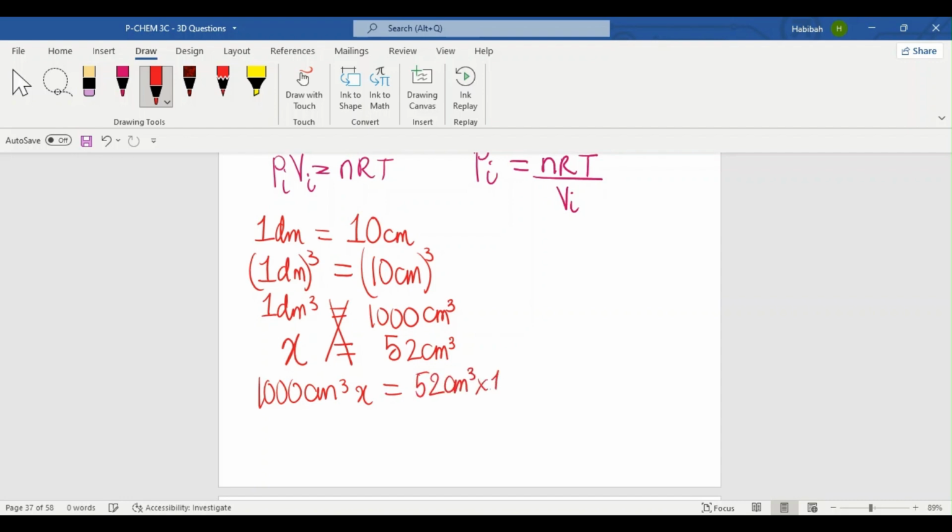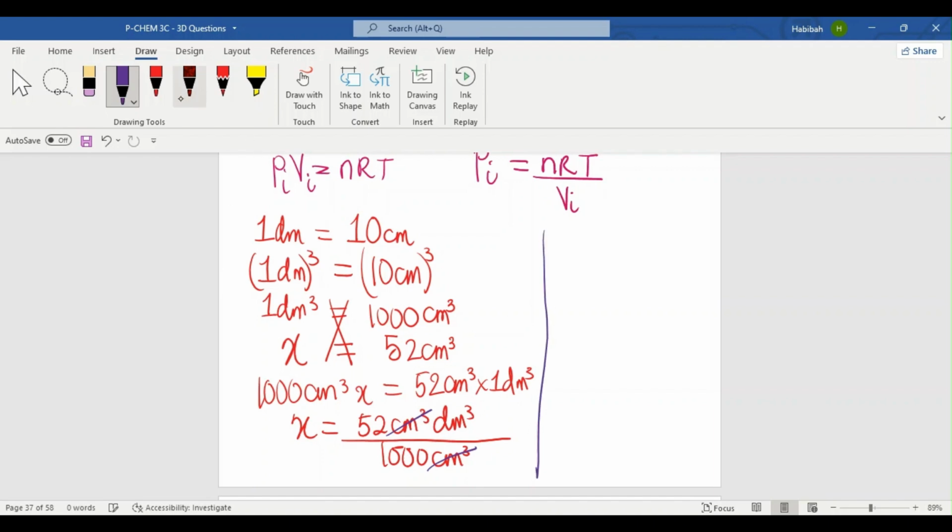So x is simply 52 centimeter cubed decimeter cubed divided by 1,000 centimeter cubed. You cancel out the centimeter cubed, 52 divided by 1,000, so x is 52 times 10 raised to the power of negative 3 decimeter cubed.